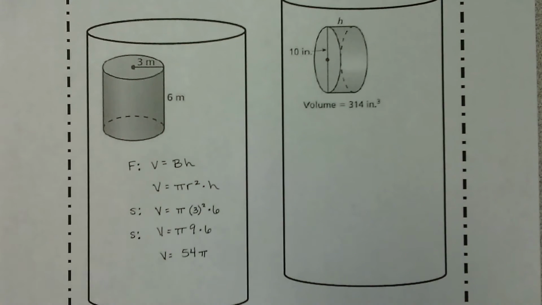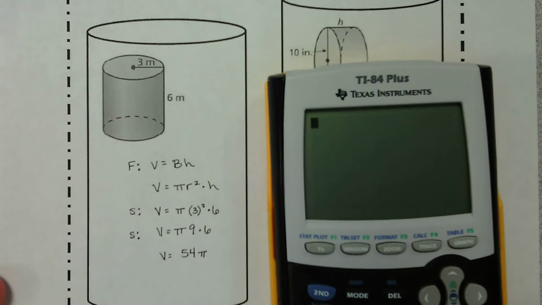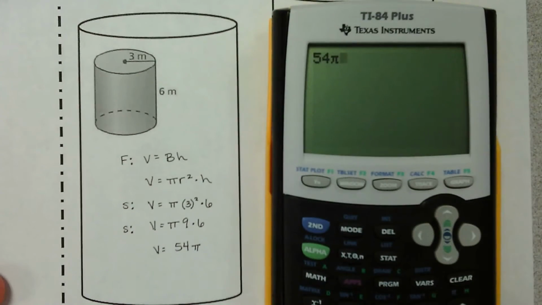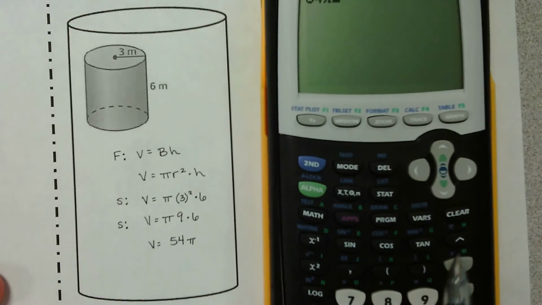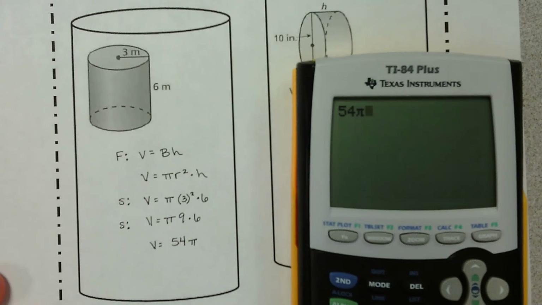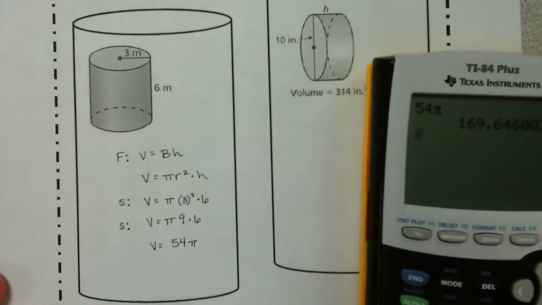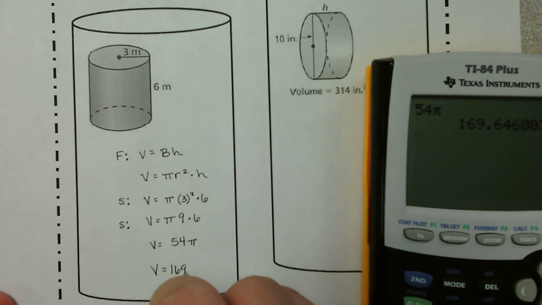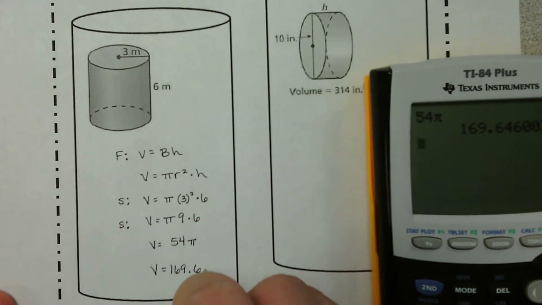But let's take it another step, and let's solve all the way through, and let's round to the nearest tenth. So I'm going to go 54. I'm going to hit second, that caret key, which is going to give us that pi. Remember, it's this key right here underneath the clear button. When I hit enter, I get 169.64. Now remember, I want to go to the nearest tenth. So we get 169.6 meters.